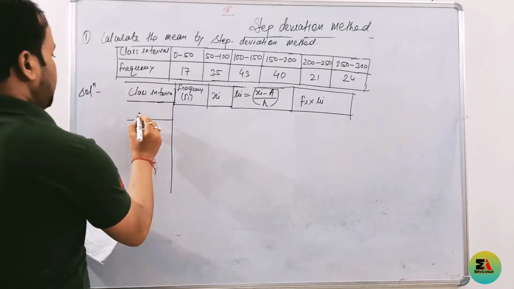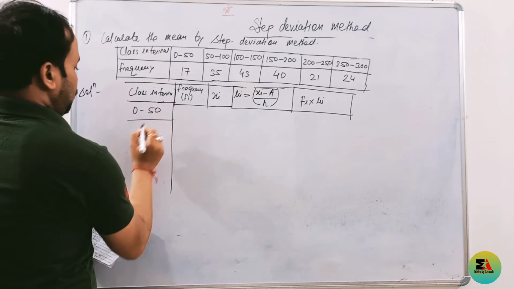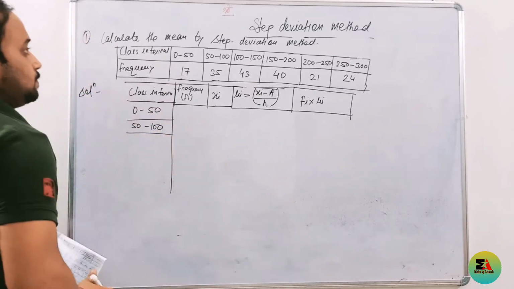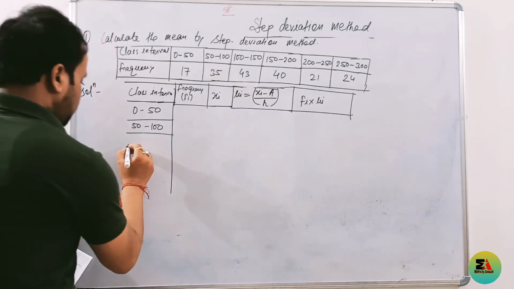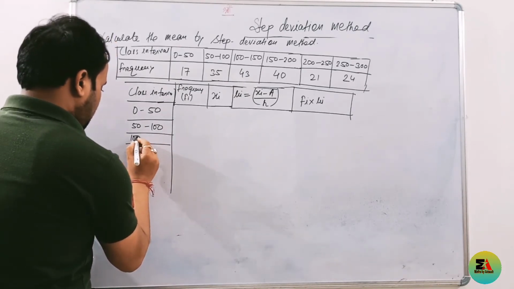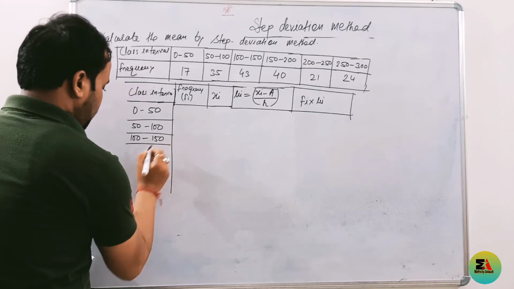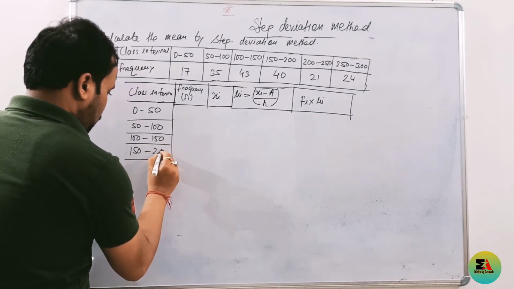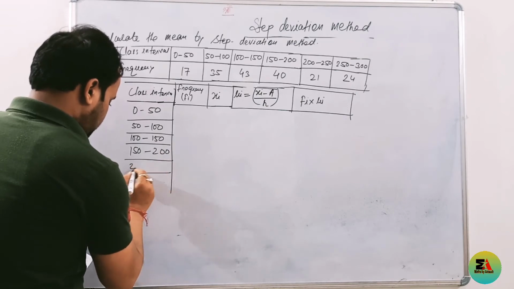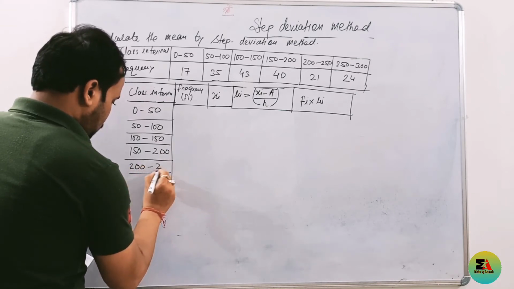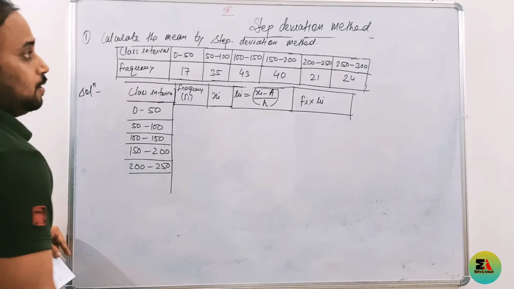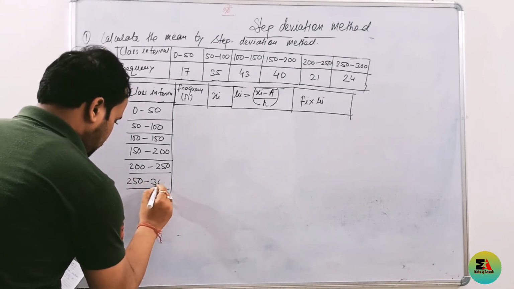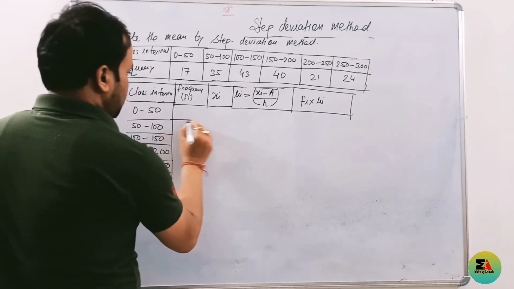Now our data: the class intervals are 0 to 50, 50 to 100, 100 to 150, 150 to 200, 200 to 250, and the last one is 250 to 300.